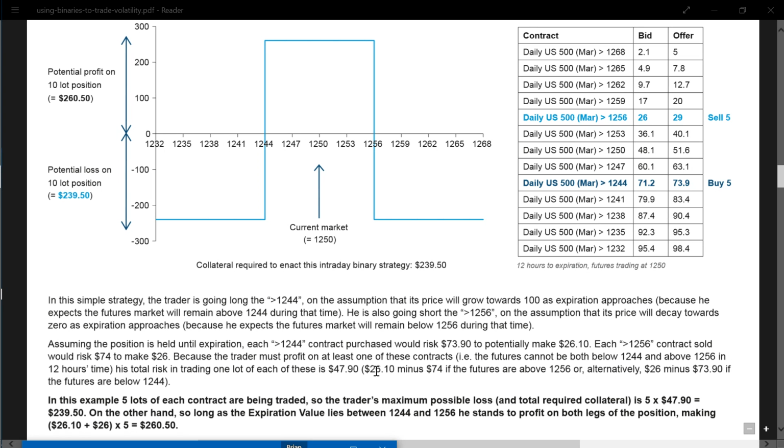So when you look at it from that perspective, your risk to reward ratio really changes to a much greater value for the trader, because instead of risking $74, you have to understand that you're going to make $26. So your total risk is only $47 in this position.